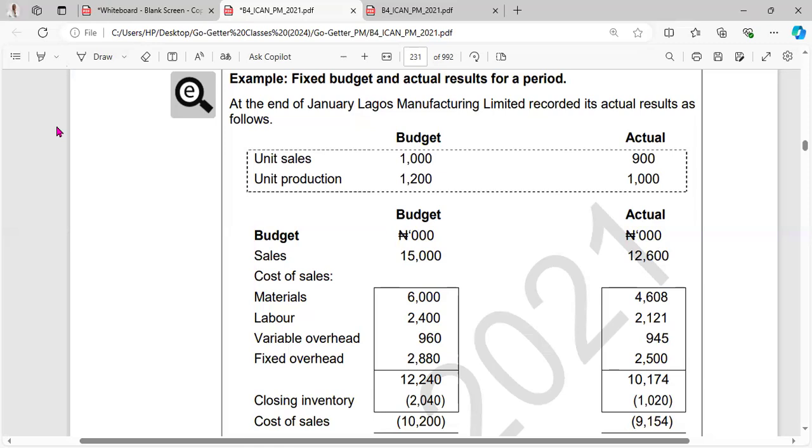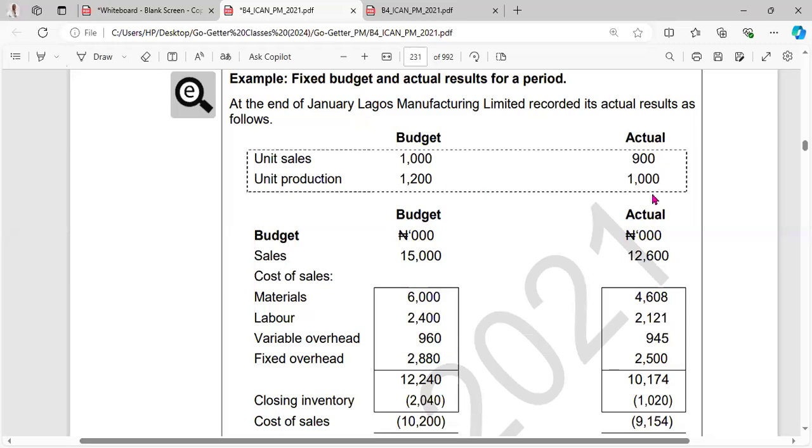You're now looking back at the actual results in January. You found out that instead of selling 1,000 units, you actually sold 900, right? Now, instead of producing 1,200 units, you produced 1,000 units.